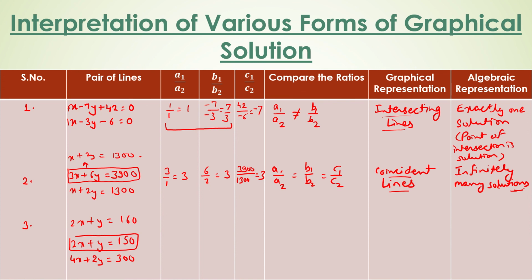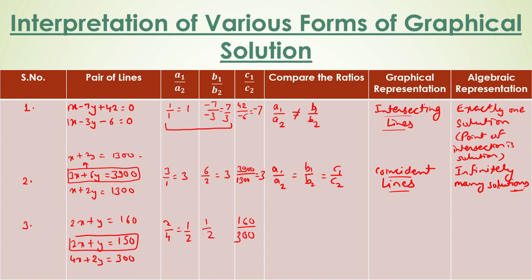So if we take the respective ratios of coefficients, then we get 2 by 4, that means 1 by 2. This is 1 by 2 originally, and c1 by c2 was 160 by 300. Or if we take 160 by 150, it does not matter.